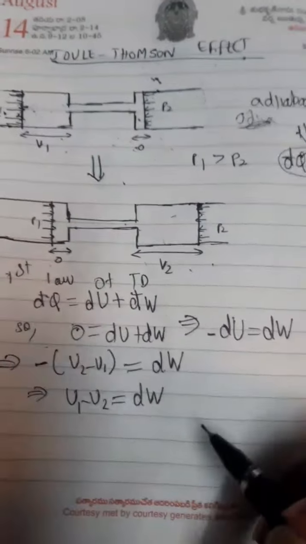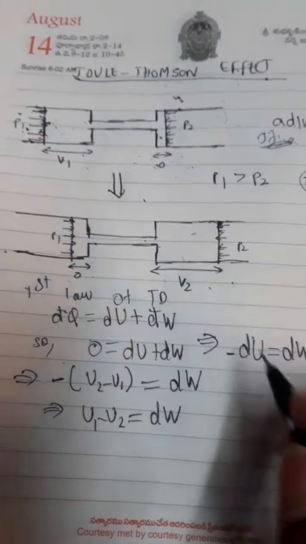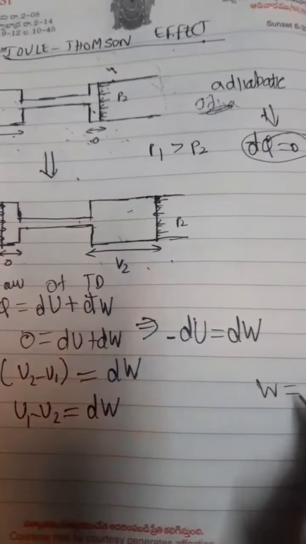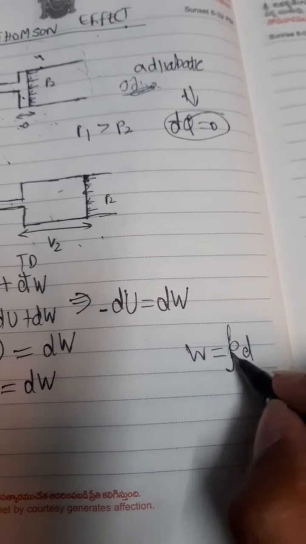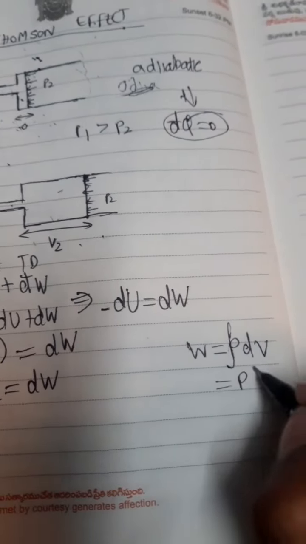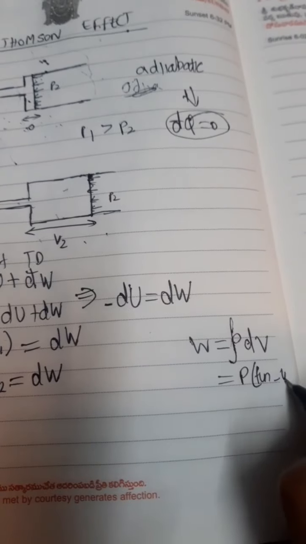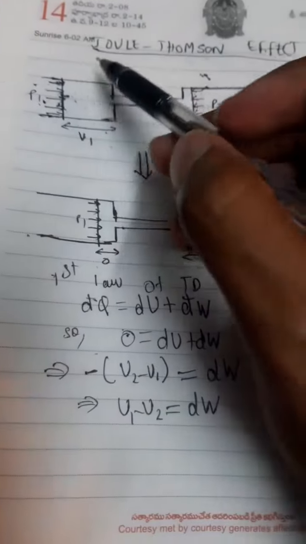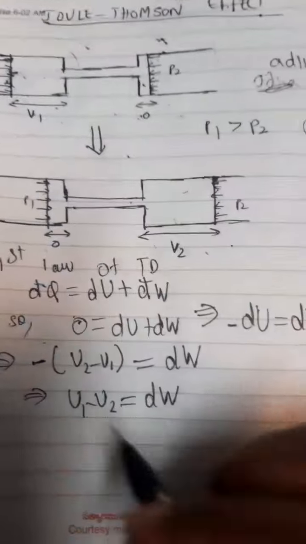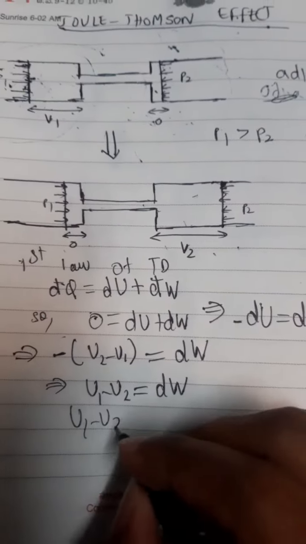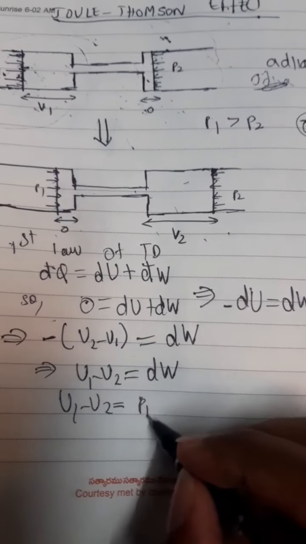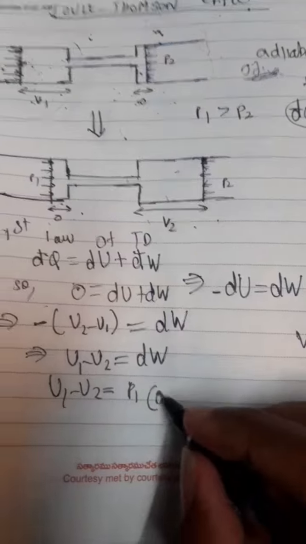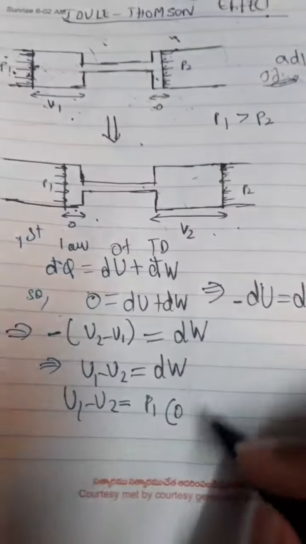Now let us carefully observe the work done. Work done is nothing but the integration of P dV, which is P into the final volume minus initial volume. For cylinder 1, the work done is P1 into the final volume, which is 0, minus the initial volume V1, so 0 minus V1.